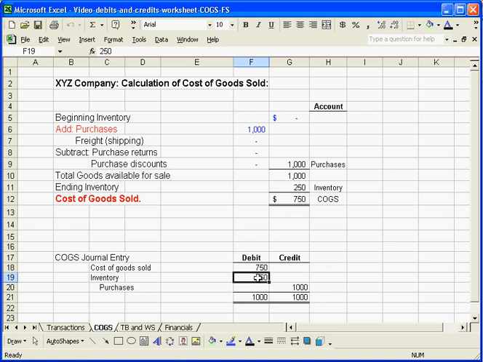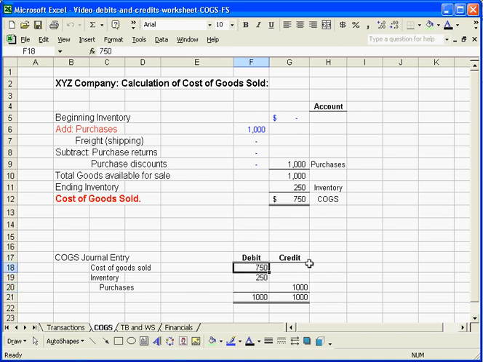And when you add this plus that, it gives you the purchases. Because we are creating this cost of goods sold account, we don't need the $1,000 sitting in the purchases account anymore. So we have to zero it out. That's why we're crediting it here. And again, you see that we're still in balance. Debits equal credits, and that's basically it.